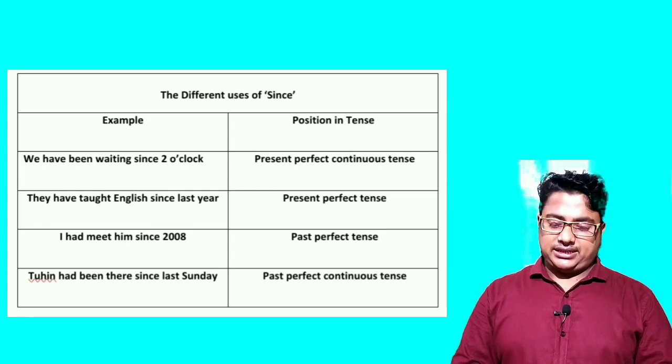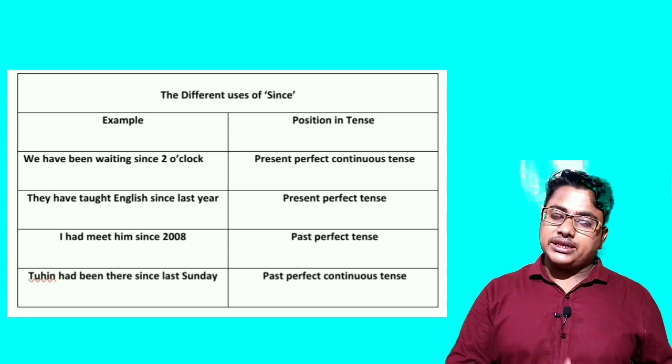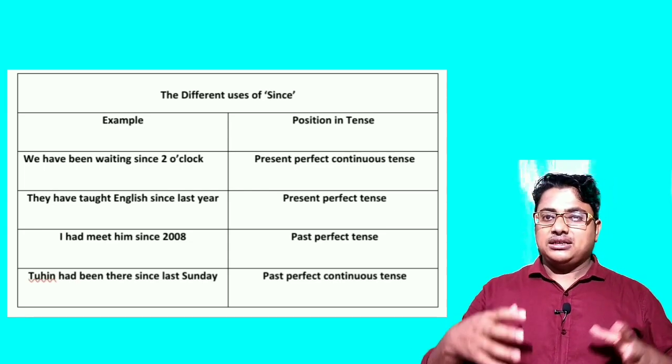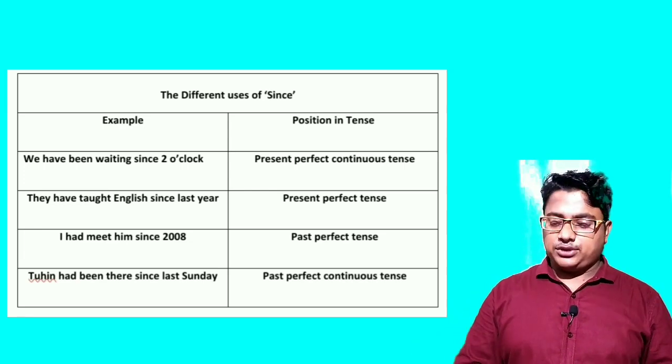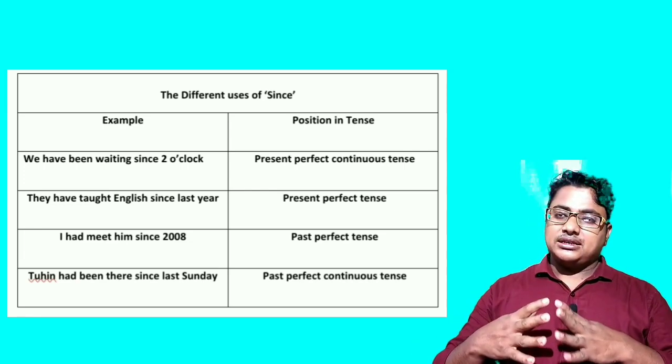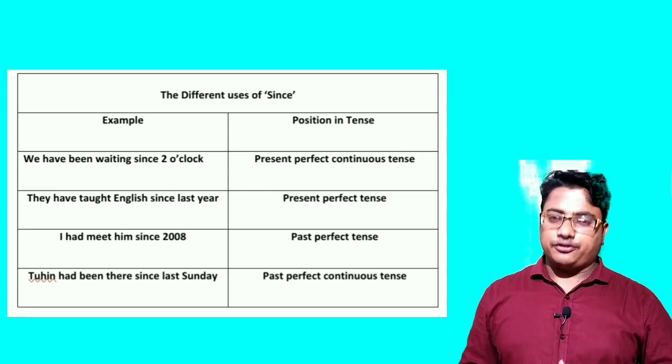Here Tohid had been there starting from Sunday. Actually, last Sunday is the point of time. It is the starting of time till now. So we have to use since in every perfect tense.